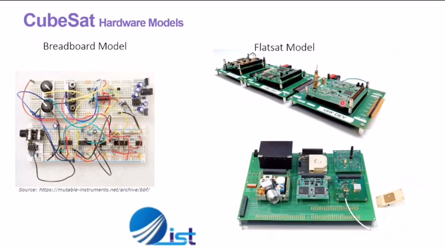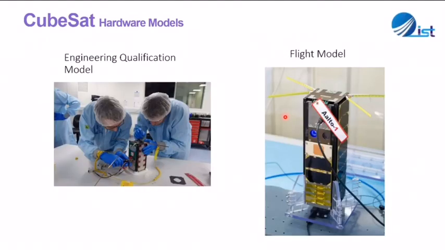This is typically called a flat sat model. And once you have qualified all the interfaces and made sure the necessary testing has been done, then you go for the engineering model. The engineering model is basically the flight representative model where you do a lot of testing and qualification. And then finally there is the flight model that is actually flown in space.